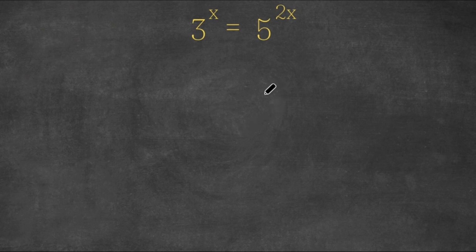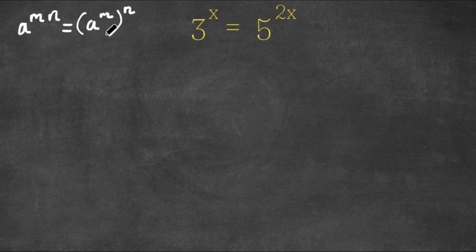In today's video, I'm going to be teaching you guys how to solve this exponential equation. So we have 3 to the power of x is equal to 5 to the power of 2x. Now, if we have something in the form a to the power of m times n, this is actually equal to a to the power of m to the power of n.